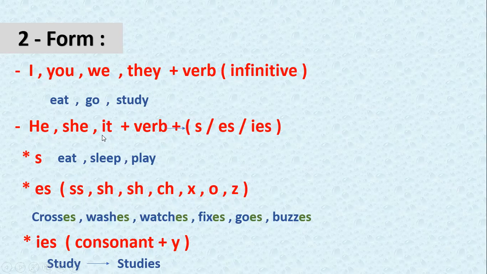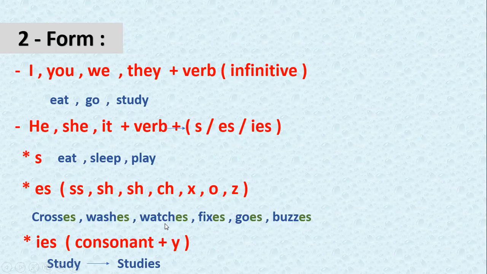All right. Okay. For example, we have a verb that ends with ss, like cross. So with he, she, or it, we add es, so it becomes crosses. Wash. In America, they say wash. In British English, they say wash. Okay, so washes. Here, watch.